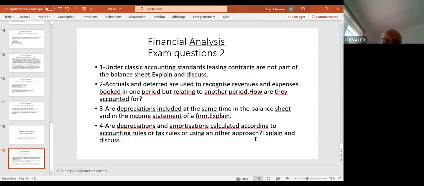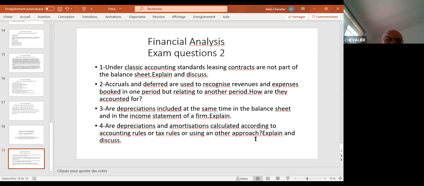And at the end of the 5th year, net value is 0. And of course, the accumulated depreciations are 20 the first year, 40 the second year, 60 the third year, 80 the fourth year, and 100 the last year.